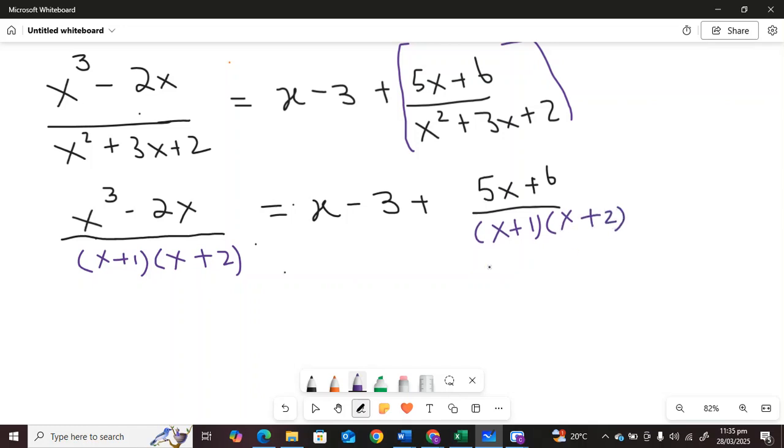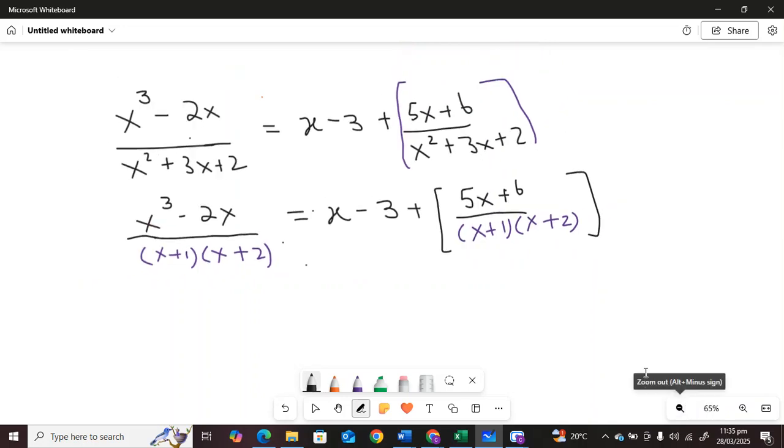Because remember, this 5x plus 6 over x plus 1 times x plus 2, we need to simplify it into simpler fractions, basically. So this is the shortcut method which I'm doing here, not the long cut method.